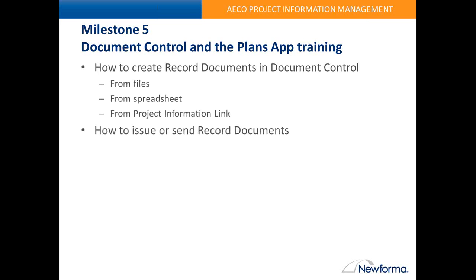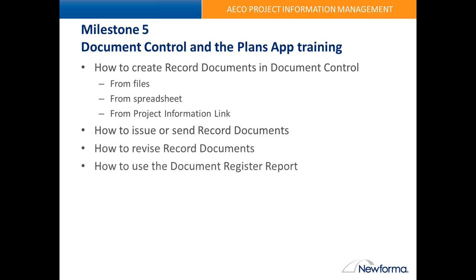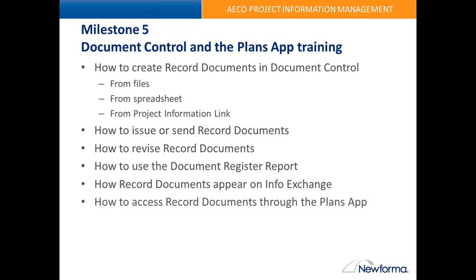We'll look at how to issue or send record documents, how to revise the record documents, how to use the document register report, how record documents appear on InfoExchange, and using the Plans app to access the record documents. So that's your Milestone 5 summary.